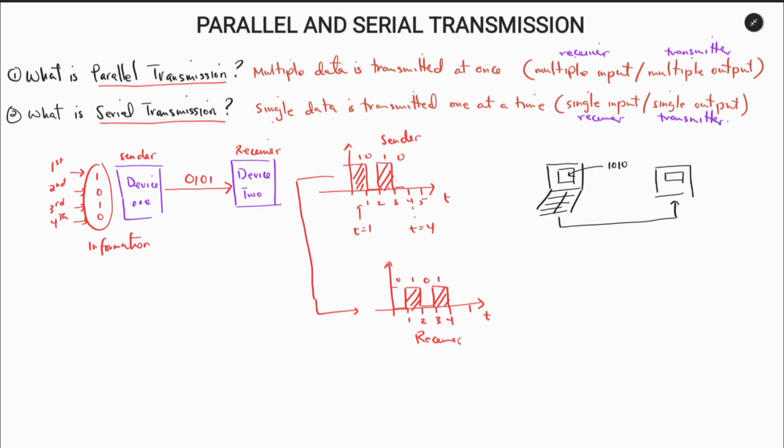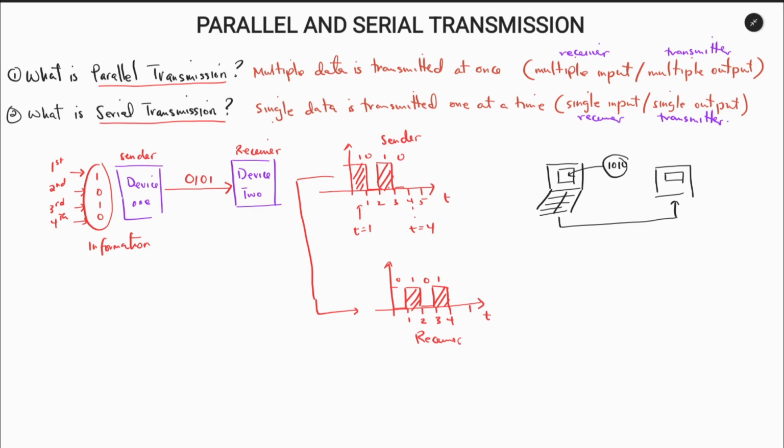This information will be transmitted one at a time to the printer, and the printer will decode this binary information and convert it to a printable form that will be printed. We can see the difference between how data is transmitted using parallel transmission and how it is transmitted using a serial transmission.